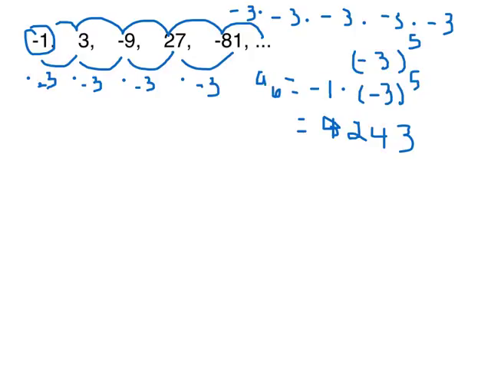So to write the explicit formula for this, you start with the nth term equals the first term, which is negative 1, times the common factor, which is negative 3, and you multiply that n minus 1 times. This is 1 less time than the term that you're looking for. Just like when we want to find the 6th term, we would multiply the factor 1 less time. 1 less than 6 is 5.